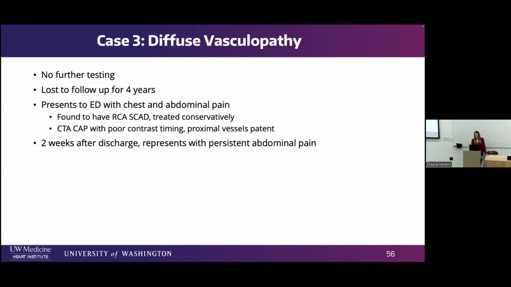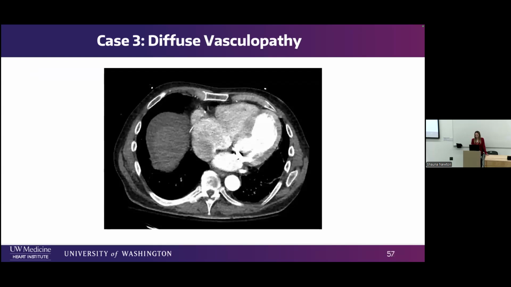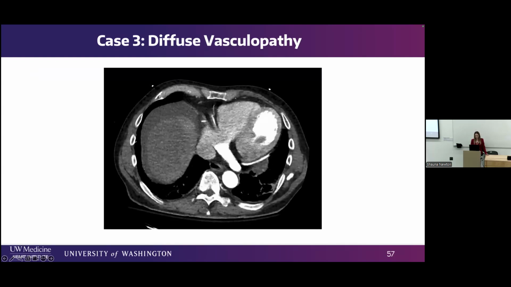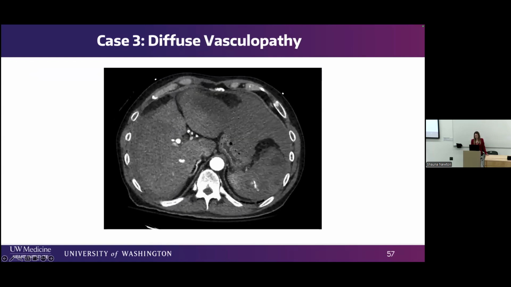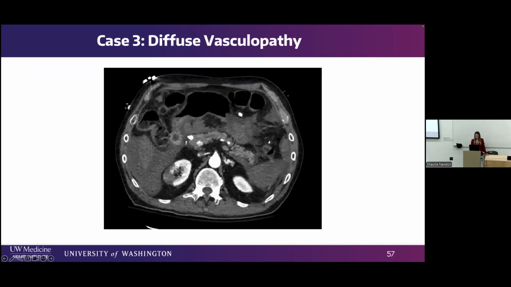He gets discharged and then represents to the emergency department with persistent abdominal pain, and these findings. There are a lot of findings on the CT, so I'm just going to try and summarize. It goes kind of fast, but he has bleeding in his spleen.